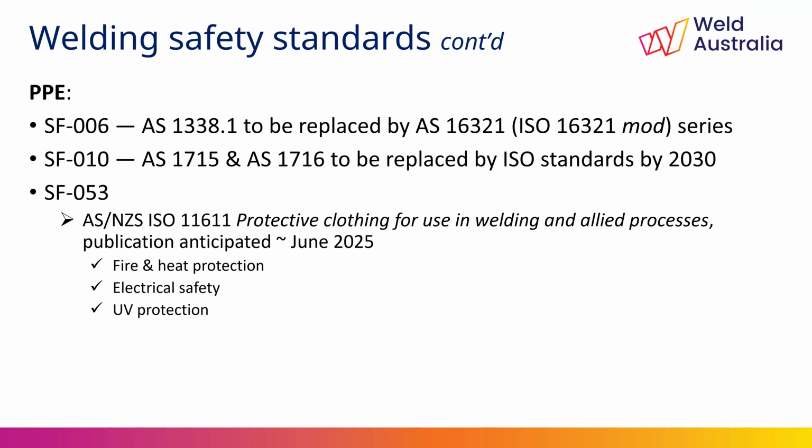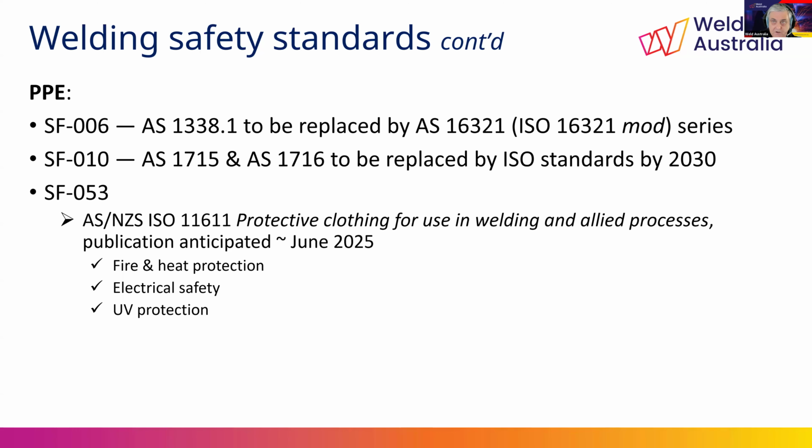Now, in talking about the changes to the 1715 and 1716 series, the existing Australian standards will remain in use and valid until the year 2030, which is 5 years away. And in the meantime, the adopted ISO standards will be gradually implemented as AS 1715 and 1716 are phased out.